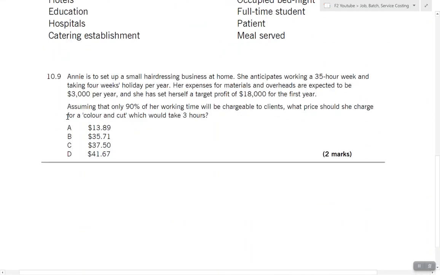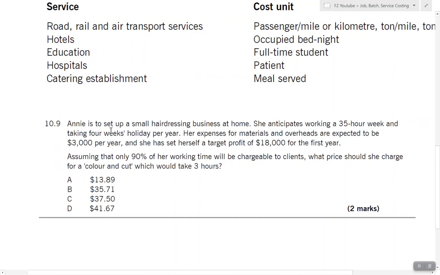So for an example here, Annie is to set up a small hairdressing business at home.